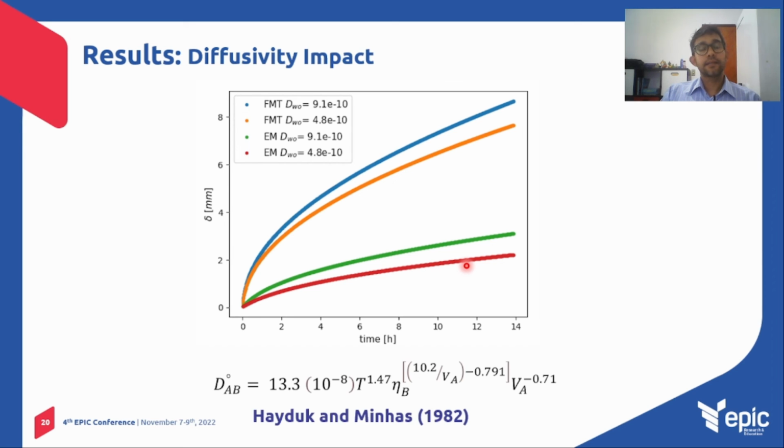The red line considers the experimental diffusivity, and the green line considers Hydrochemia's diffusivity. And we can see that the difference is very significant when we use the experimental diffusivity or the Hydrochemia's correlation diffusivity, for example. The same behavior is observed in the film mass transfer also.